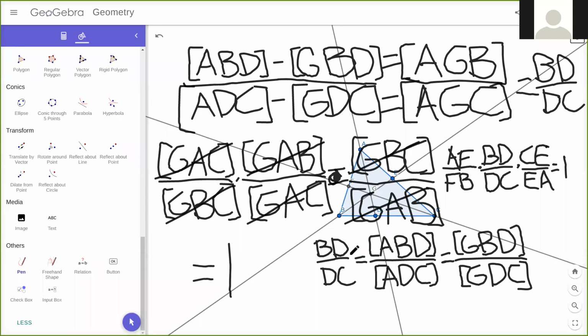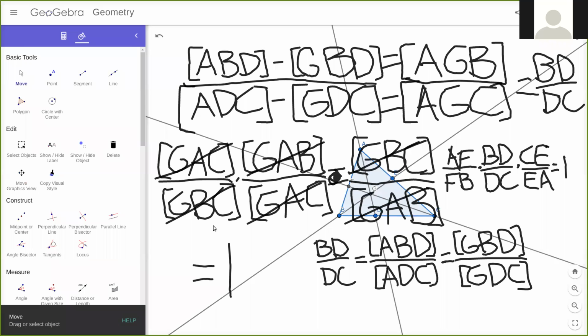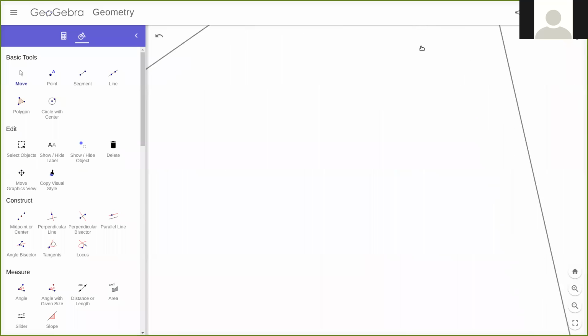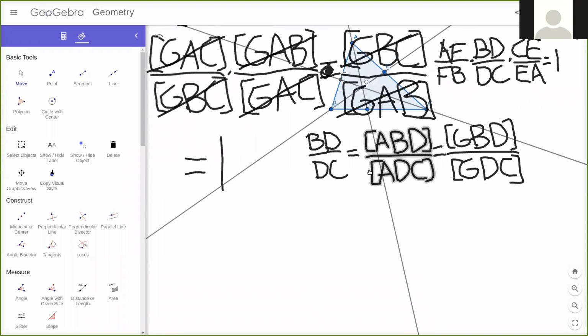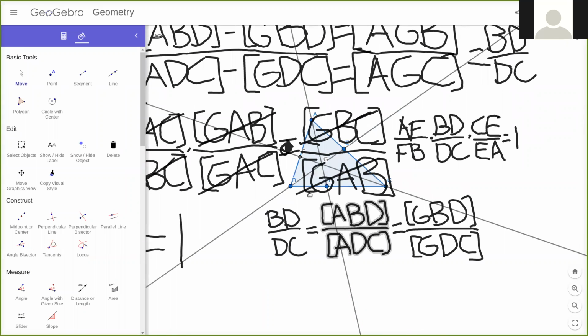Okay. So now what we've just shown is the part where we go from the triangle itself to this equation.